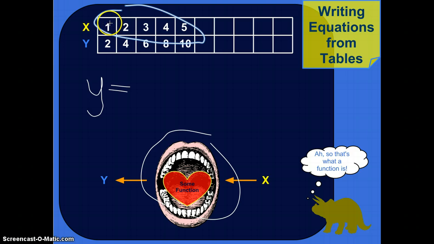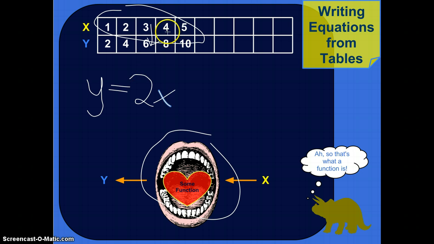So let's look at what would turn a 1 into a 2, or a 2 into a 4, or a 3 into a 6. Well, to me it looks like we're taking the x's and just multiplying them by 2. So our equation would be y equals 2x.